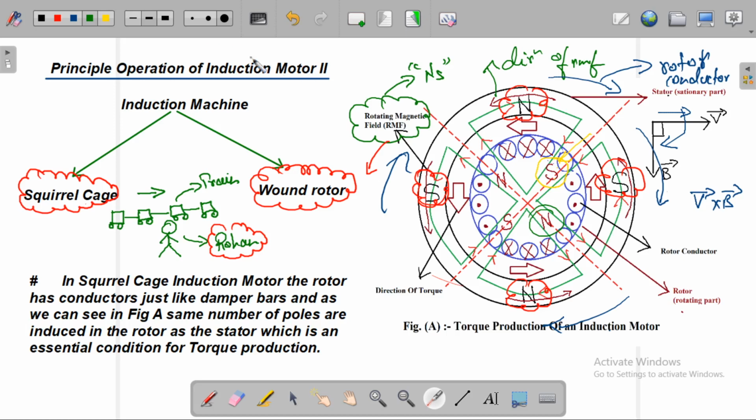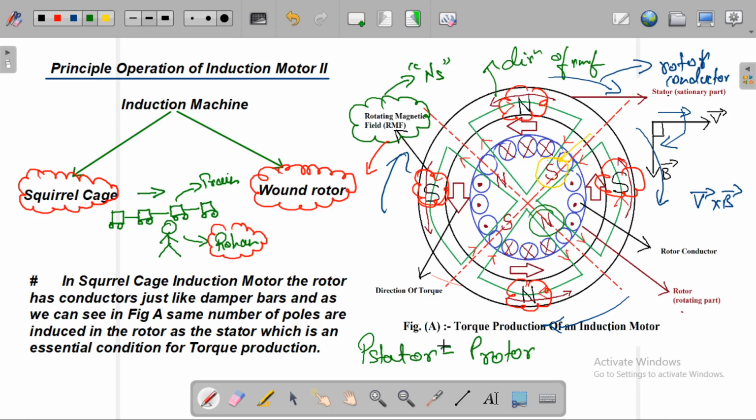This is the important point which should be remembered in the case of an induction motor, that the number of stator poles is always equal to the number of rotor poles. See, in the stator there are 4 poles. Similarly, in the rotor it will induce 4 poles also. So when rotor poles and stator poles are the same, then it will produce torque.